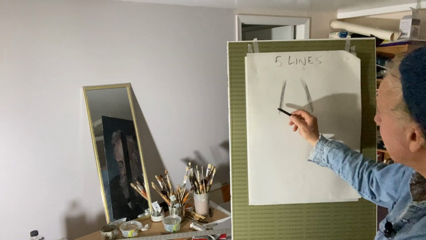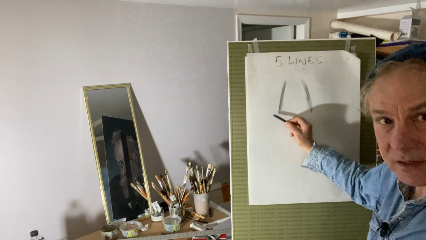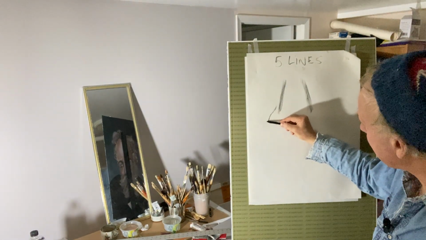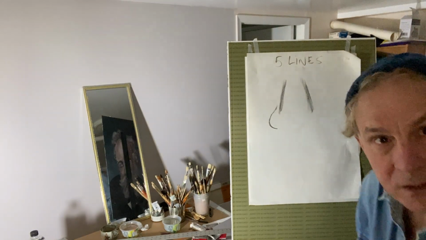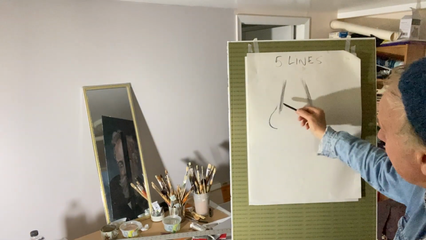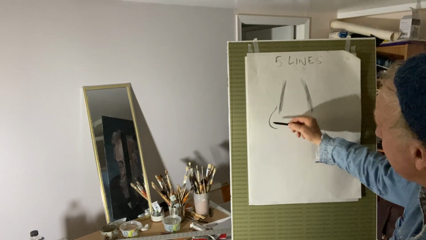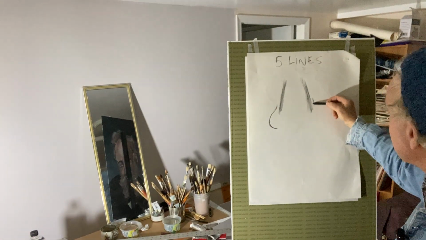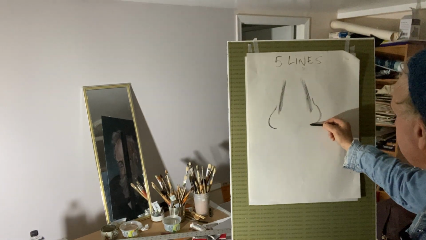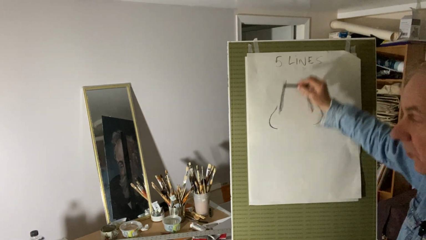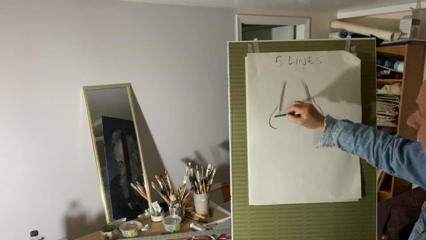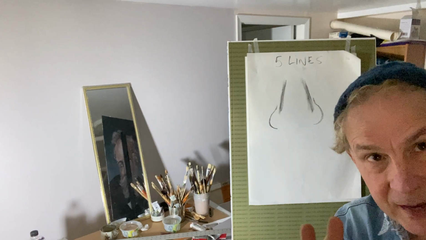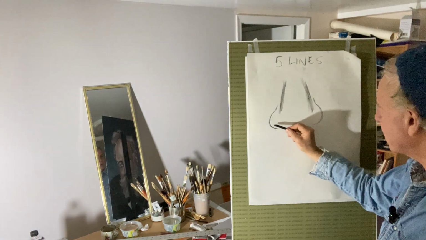Okay. Now the third line is a little curly line at the side, which is going to go like that. Okay, so that's the third line. 1, 2, 3, and then the fourth line is another little curly line coming out the side here like that. So far we've got 4 lines. Line 1, line 2, line 3, line 4. Now the 5th line is going to go here.